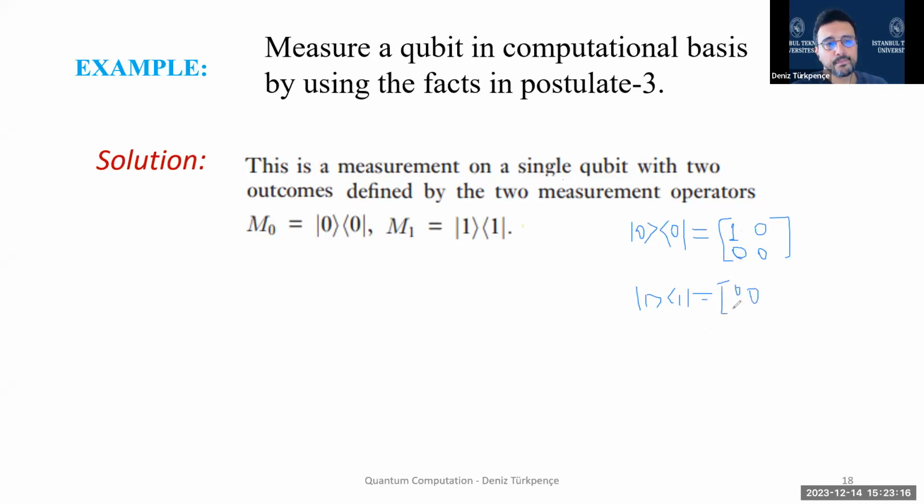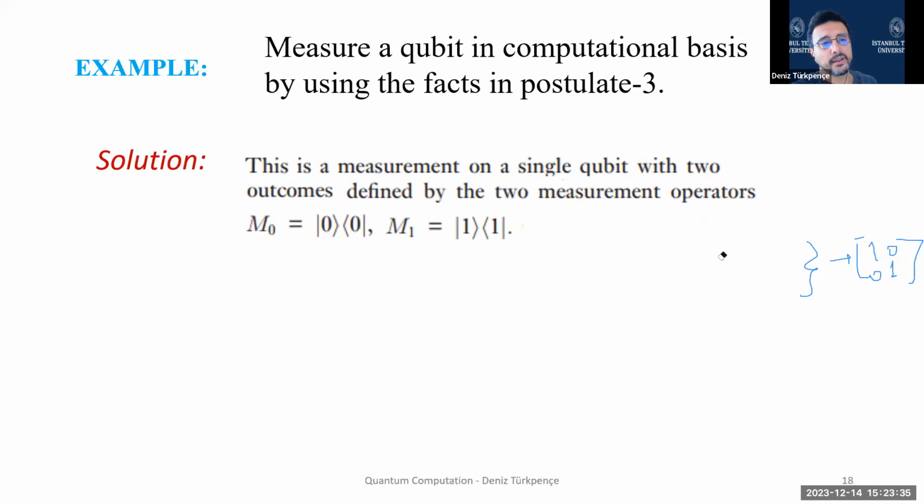Okay, if you add them, what you will obtain is, of course, an identity operator, as it should be, because of the completeness relation requirement. Yes, they are again measurement operators. And does it satisfy the other property?